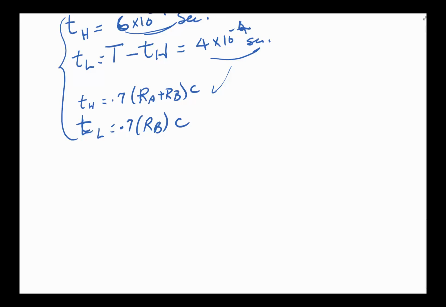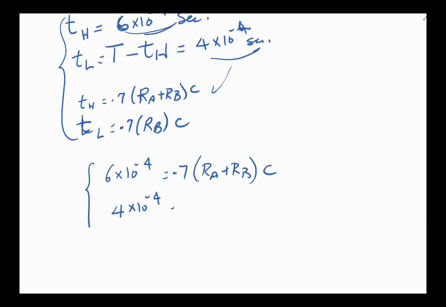I'll end up with two equations. One equation says that 6 times 10 to the minus 4 has to be 0.7 times RA plus RB times C. And then T low, 4 times 10 to the minus 4, is equal to 0.7 times RB times C. Now one thing you notice, we have two equations and 3 unknowns.